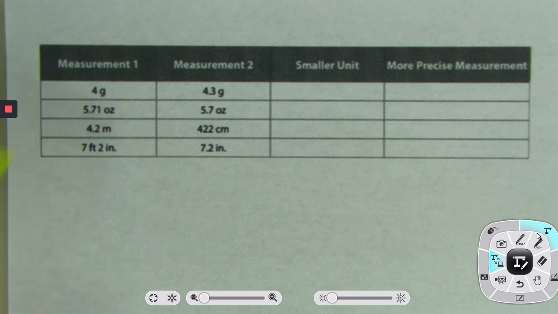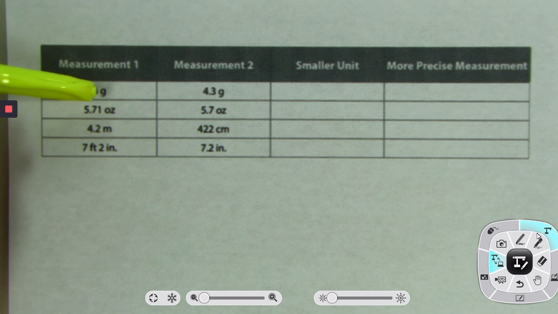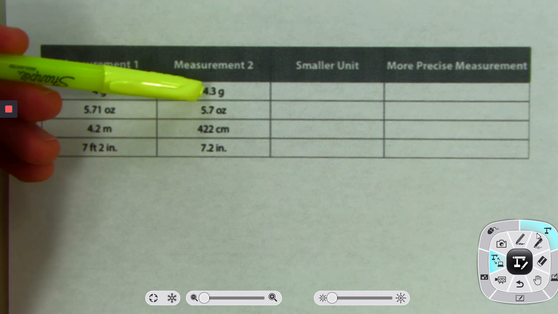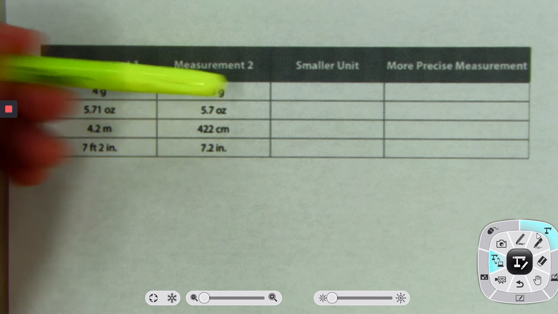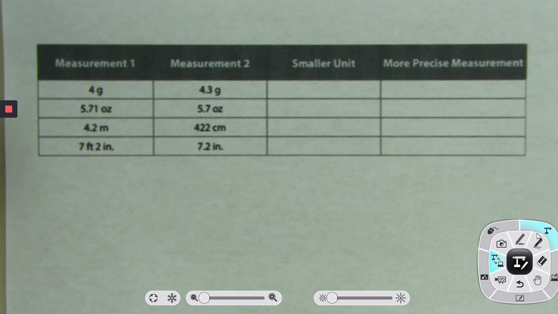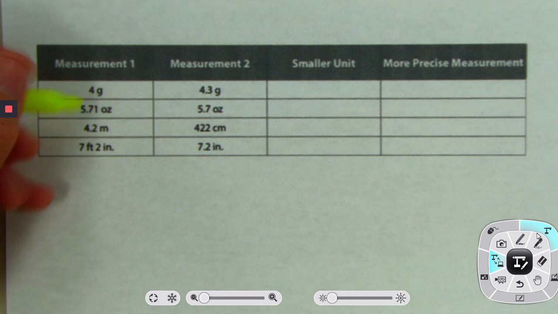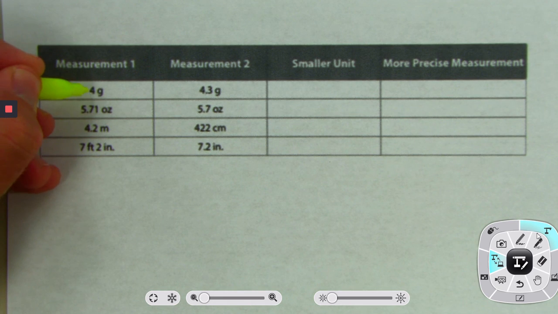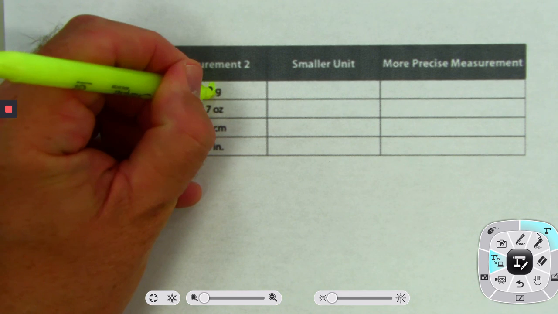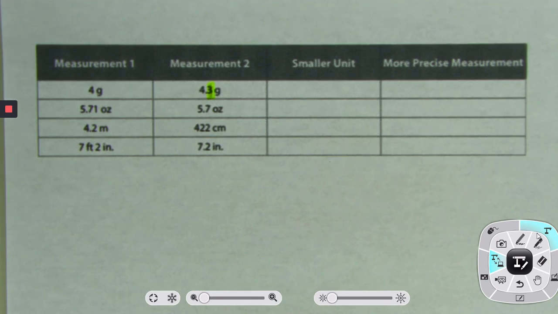So looking at the first measurement taken, I've got 4 grams, and I've got a second measurement of 4.3 grams. We want to think about what is the smallest unit in that measurement. These are whole grams. There are no decimal portions, but in the second measurement, we see that there is 1/10 of a gram right there. In fact, it's 4 3/10 of a gram.